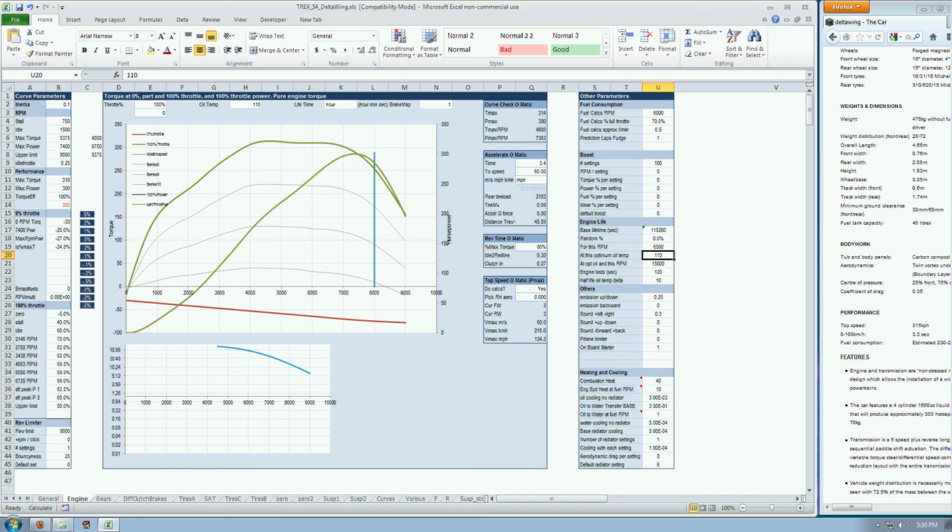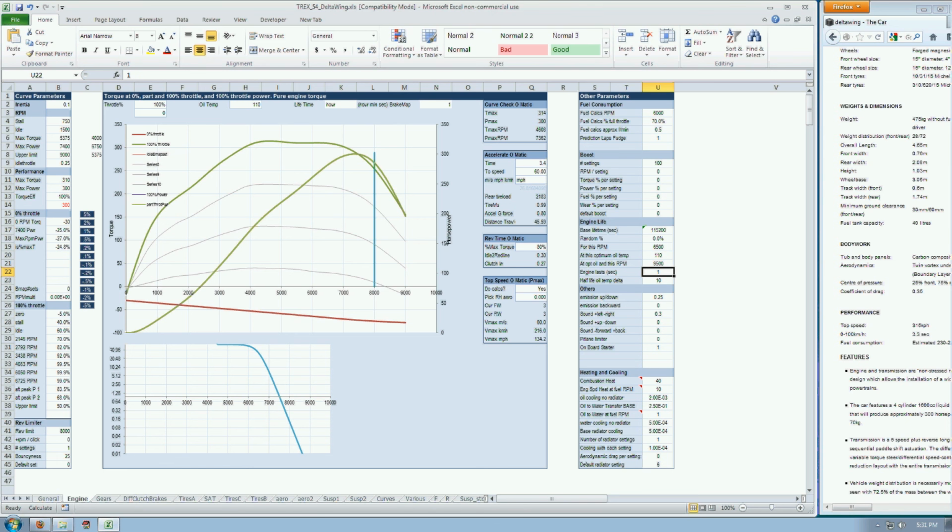It's just an example. And then at this optimal oil temp of 110 degrees, that's fine. And then at the second, higher RPM, let's say 9500, the engine should last, well, 1 second if you want it to wear out very quickly at high RPM.